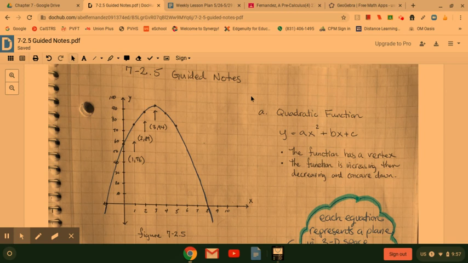So once again, our main focus of this chapter is to find particular equations of different types of functions that are important in calculus. They're really just important in general mathematics to describe most practical things if you ever had to use them.